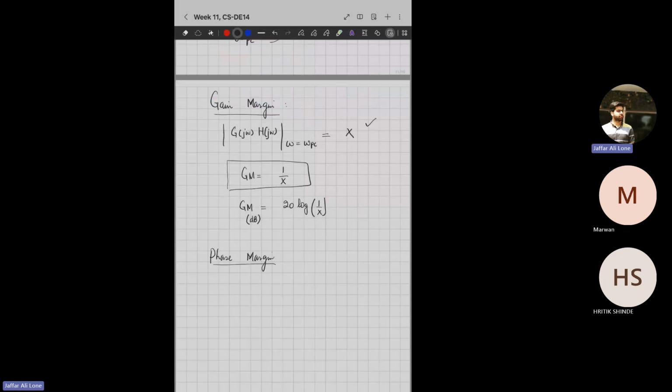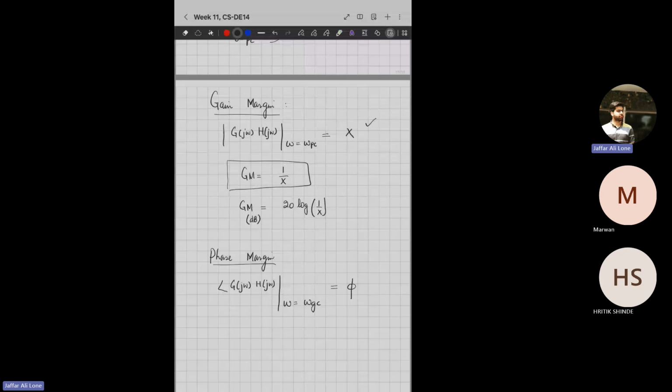It's very, very simple. So phase margin means I will calculate phase. So my phase of G(jω)H(jω) at gain crossover frequency, if that is equal to phi.